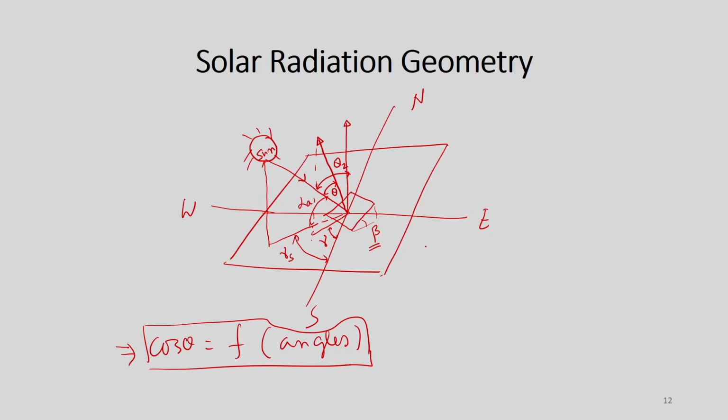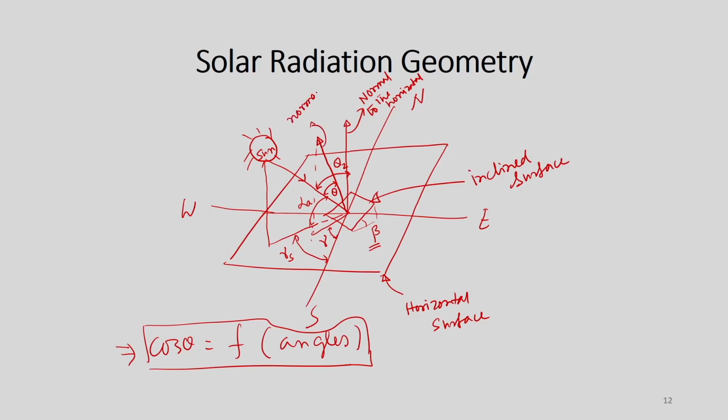So briefly, what we can discuss in these slides: this is a horizontal surface, and this is an inclined surface, and this is normal to the horizontal surface, and this is normal to the inclined surface.